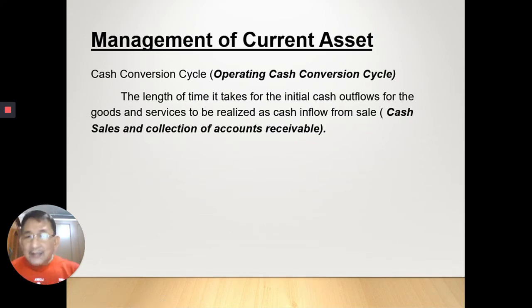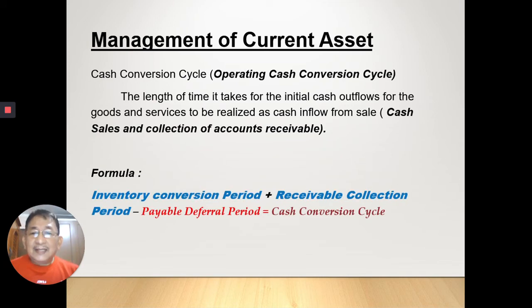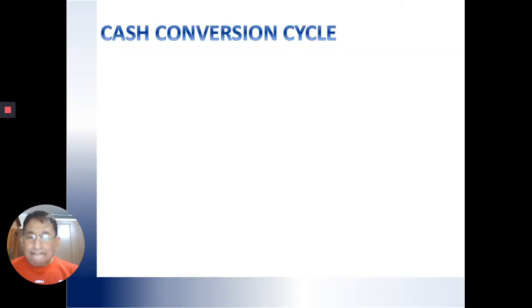There is a formula in the computation of the cash conversion cycle: inventory conversion period plus receivable collection period minus payable deferral period is equal to the cash conversion cycle.